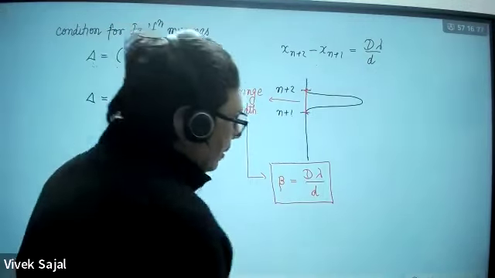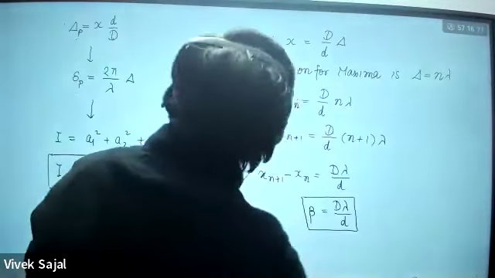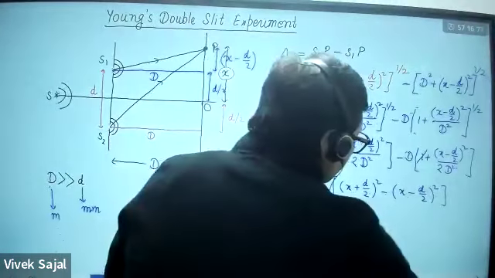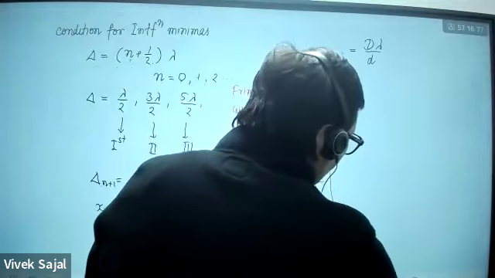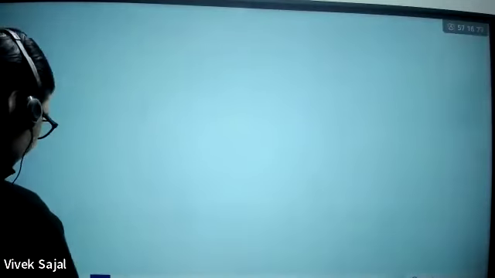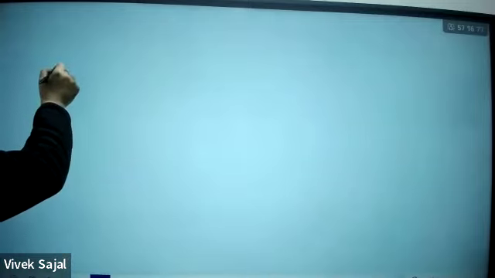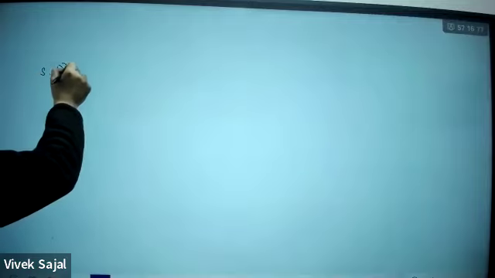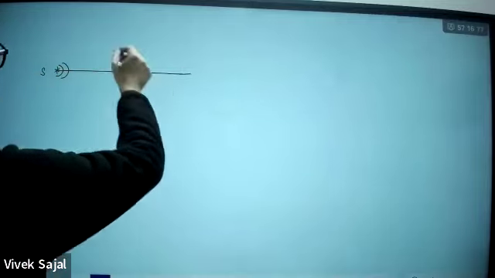One thing is this. Now come back here. I'm drawing this: our source S. We are drawing a symmetrical line.